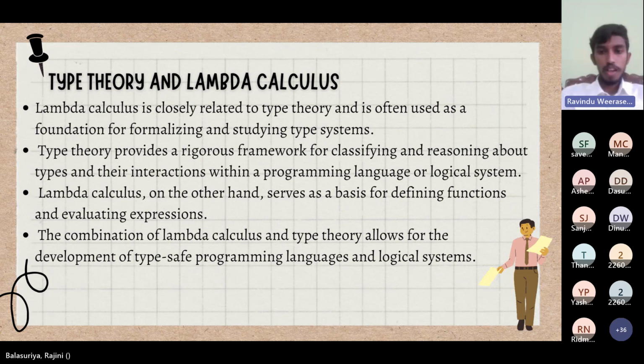Lambda calculus, on the other hand, serves as a basis for defining functions and evaluating expressions. The combination of lambda calculus and type theory allows for the development of type-safe programming languages and logical systems.